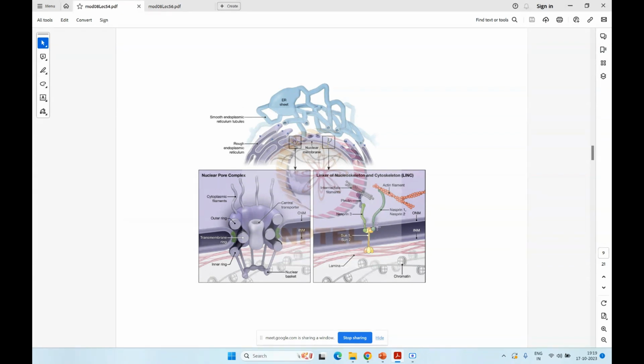Depending upon what proteins are present in the link complex, it can link to the intermediate filaments present in the cell or the actin filament. Usually it is linked to both of them.